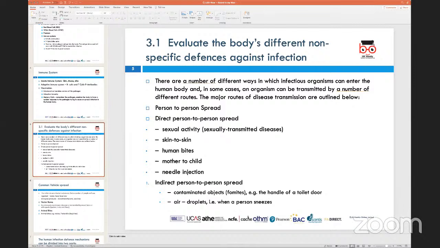So hairs in general, along with your skin and your mucous membrane, act as physical barriers that prevent pathogens from entering the body.